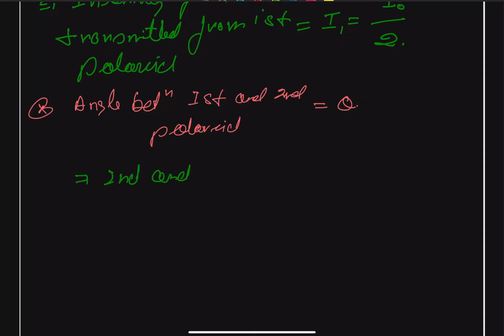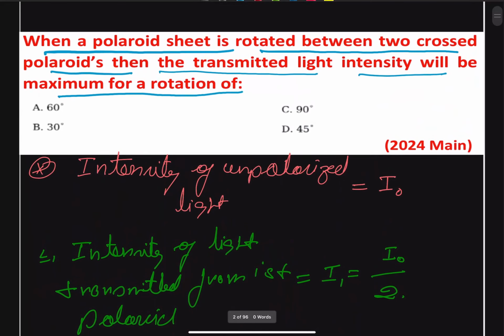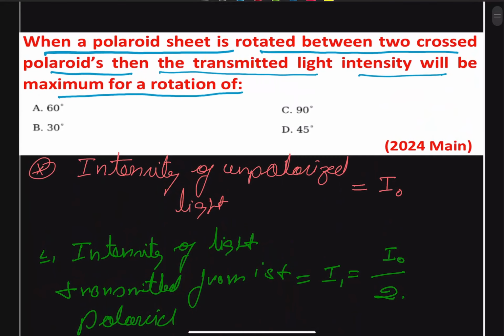Second and third polaroid is phi, and it is given in the question that both the polaroids are crossed with each other.